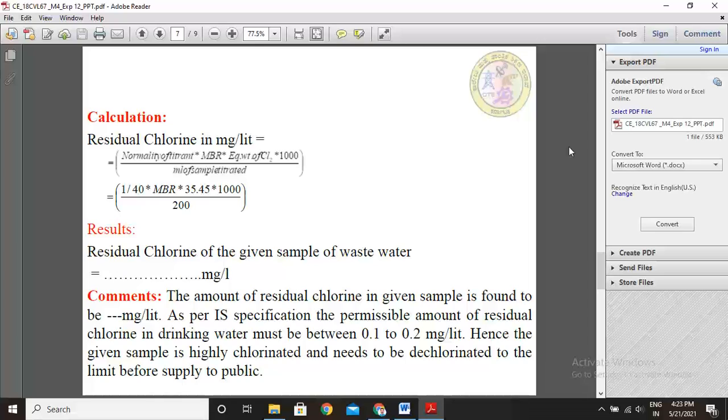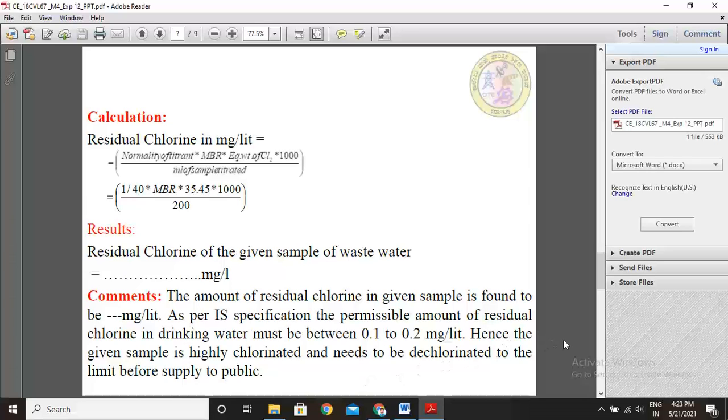Hence, the given sample is highly chlorinated and needs to be dechlorinated to the limit before supply to the public. So I have written the comments based on the results. If our result is more than 0.2 milligram per liter, then such a comment is required.